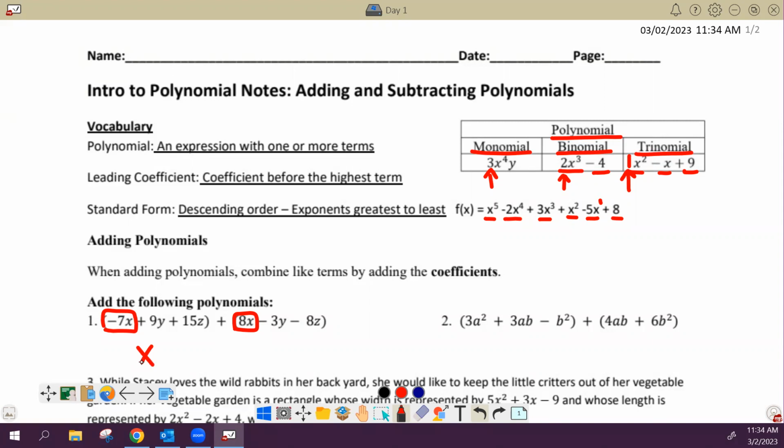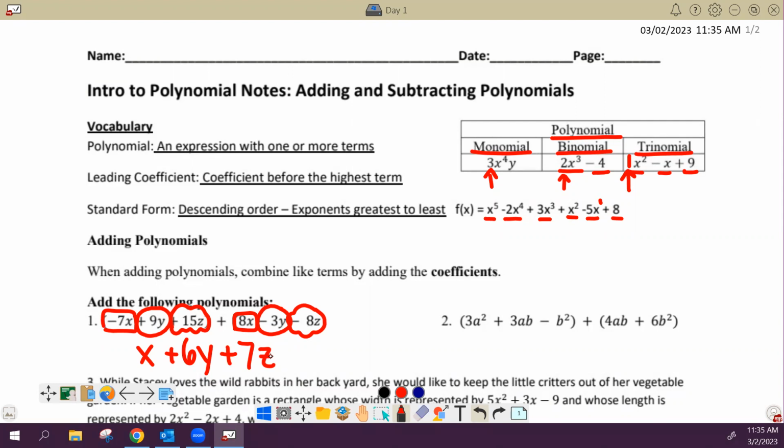All right, so then if I keep looking, there's a 9y, which has a like term with negative 3y. Add those together, 9 plus negative 3 is 6y. And then the last two, 15z and negative 8z. If we add 15 and negative 8, we get 7. So 7z. And that is the answer. We've combined everything we can combine. That's as simplified as we can make it.